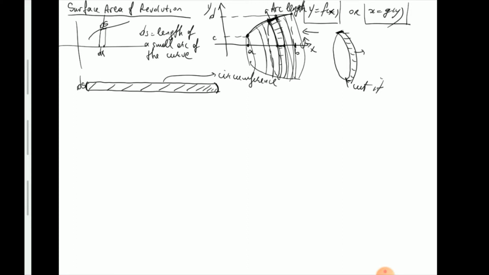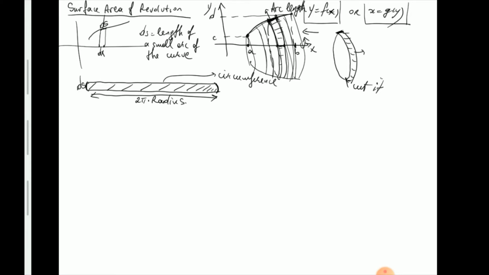Because it came from cutting this along the side and laying it down on the plane, which means this side here is going to be 2 pi times the radius of that circle. We're going to get to what the radius is once we get back to the function itself. But this is where the formula comes from.